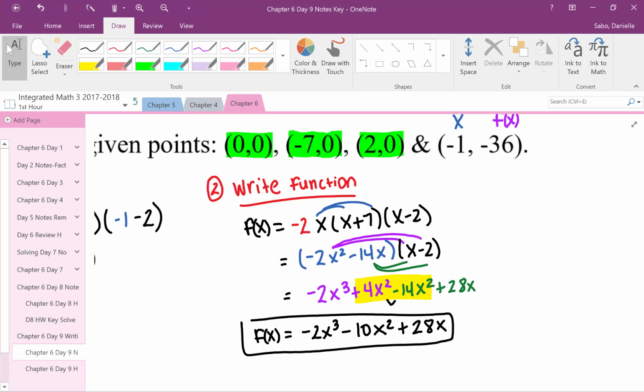The back side's really fast. It's all good. Remember, unless I say that the leading coefficient's 1, you have to find it first.